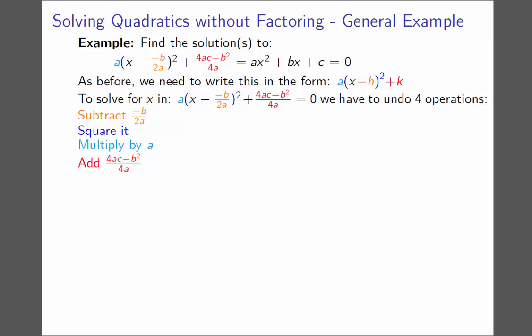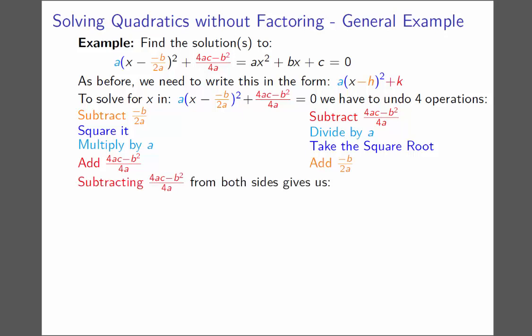So to undo adding 4ac minus b squared over 4a, we subtract that number. To undo multiplying by a, we divide by a. Undo squaring, we take the square root. And to undo subtracting negative b over 2a, we add negative b over 2a.